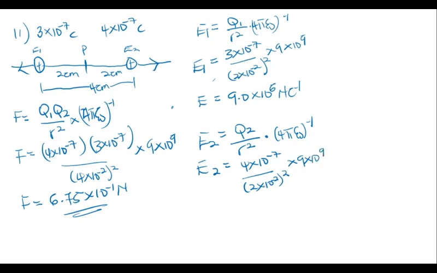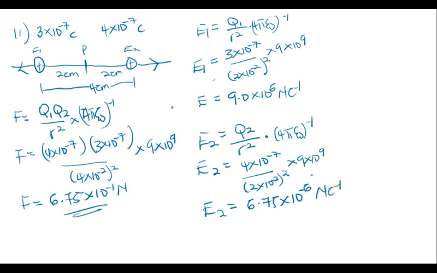The 2 times 10 raised to the power minus 2 is just converting 2 centimeters into 2 meters, so that is how come I'm getting the 2 times 10 raised to the power negative 2. It's the conversion from centimeters to meters. I'm not just making that up. All right, so let's continue. For E2, if we punch this into the calculator, we get 6.75 times 10 raised to the power minus 6 Newton per Coulomb.